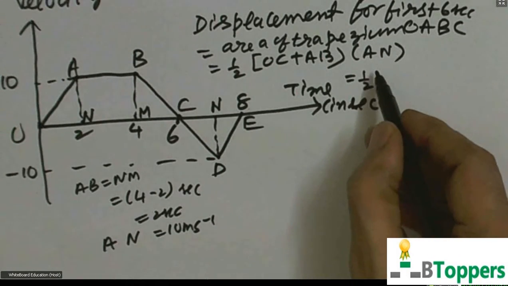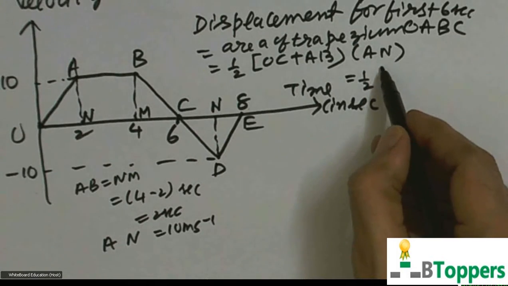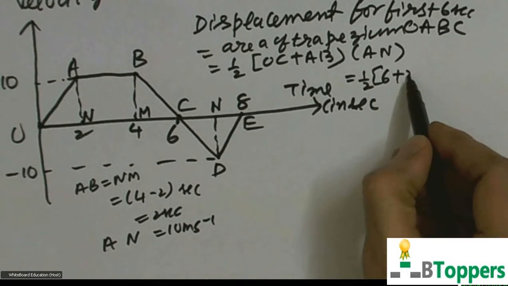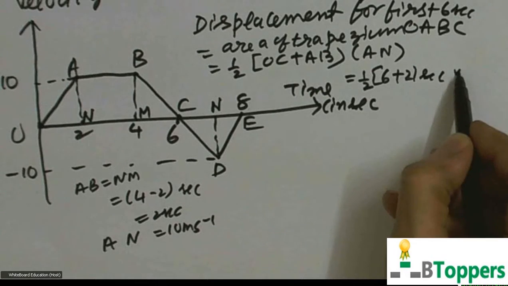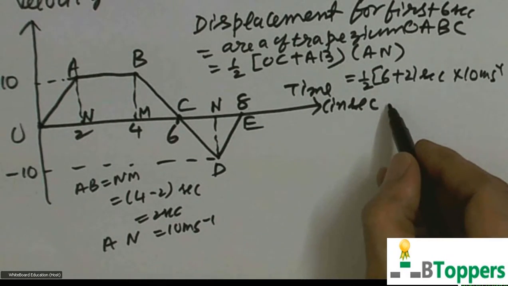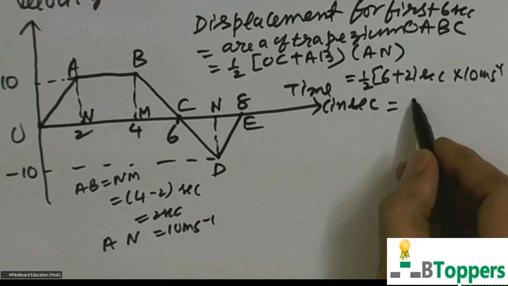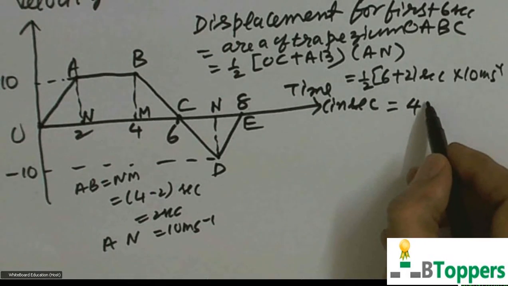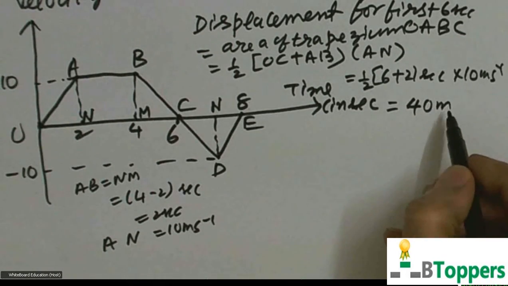So I can substitute here OC equal to total time of motion 6 seconds, AB equal to 2 seconds, and AN equal to 10 meters per second. So that will be 40 meters.